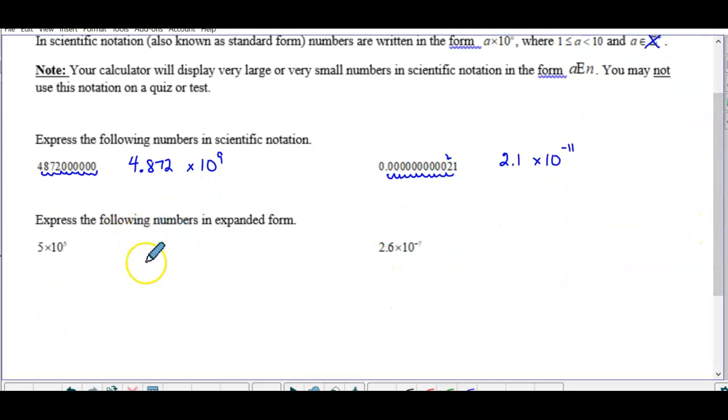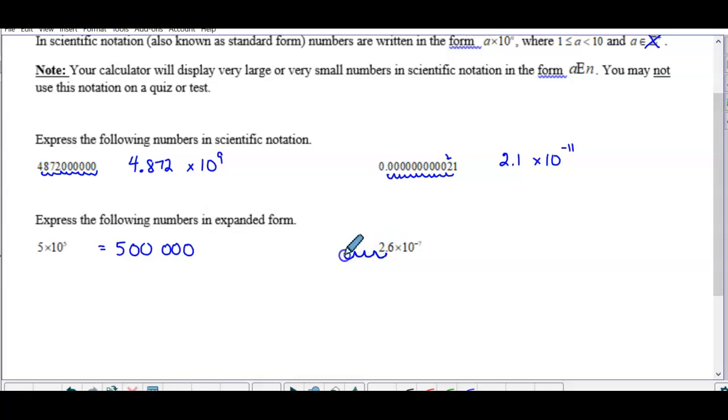Then vice versa, express in expanded form. So this is going to be 5 with 5 zeros, because we're moving the decimal 5 to the right. Here we're moving the decimal 7 to the left. When you think about that, 7 to the left, there's 1, so there's got to be 6 more zeros before the decimal.